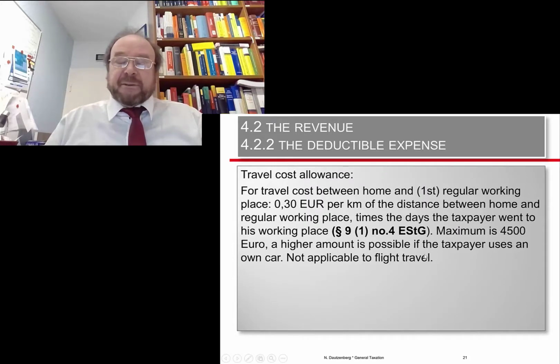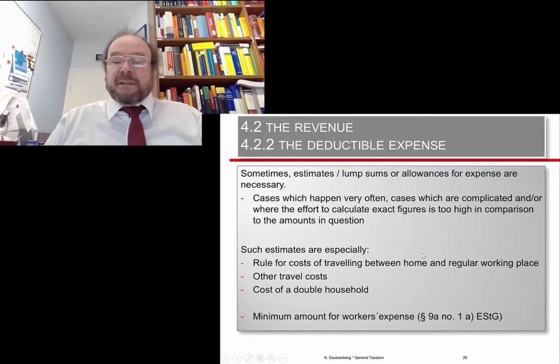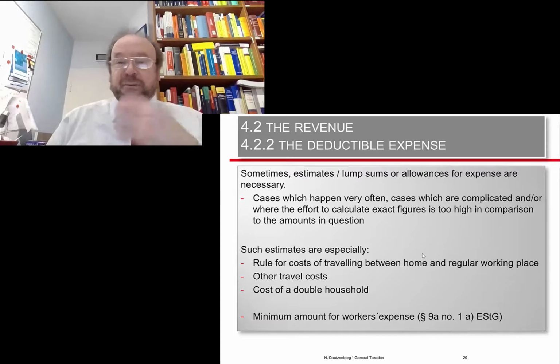That is, for example, a worker's expense lump sum, which you can deduct from your revenue as a minimum amount per year. At the moment in Germany, 1,000.